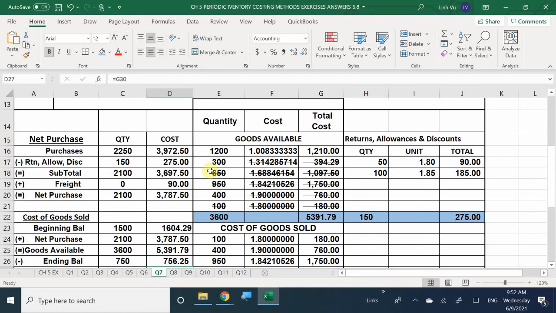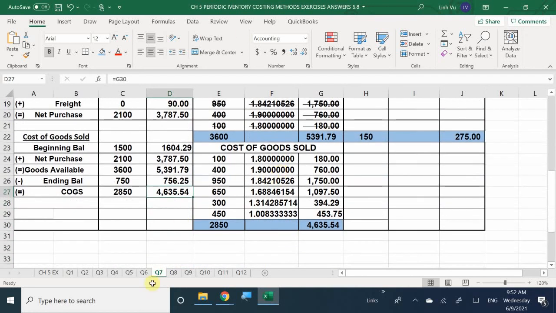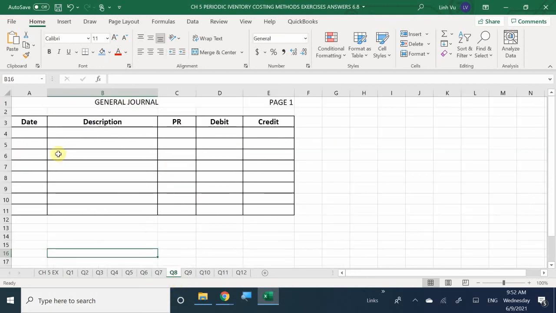In this case, we did end up touching our beginning balances, so our beginning balance basically became our ending balance. We're going from the bottom and making our way up to the top. All right. So let's go ahead and complete our conversion entry and then we can go on a break.